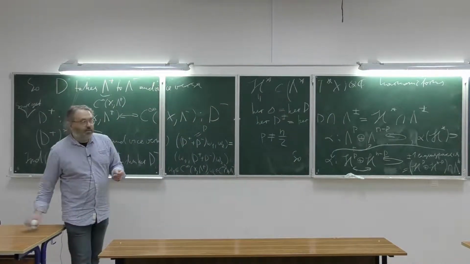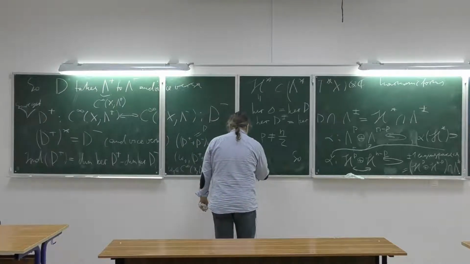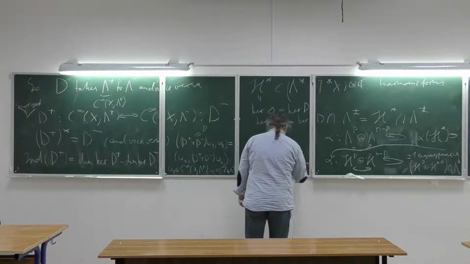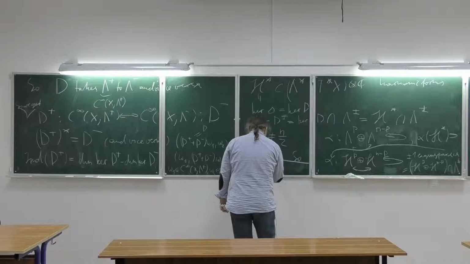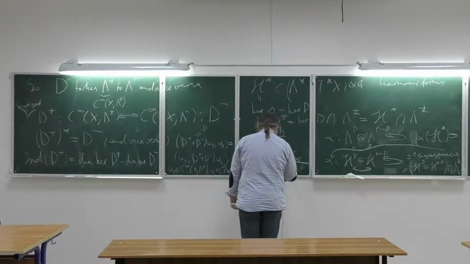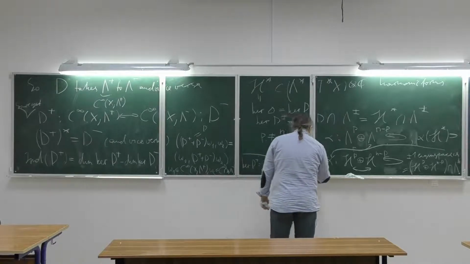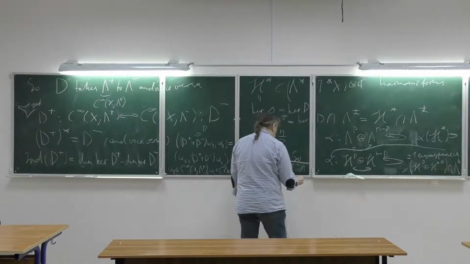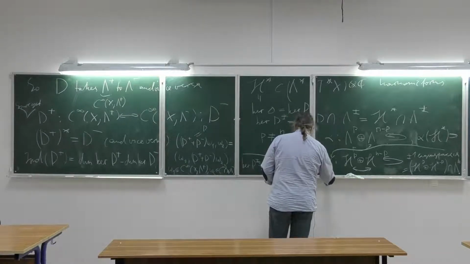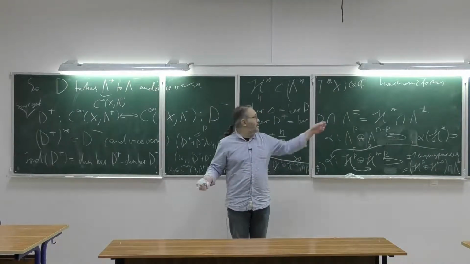Now the kernel of D plus is the kernel of D intersected with lambda plus.